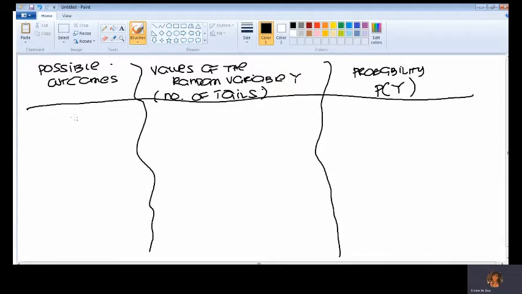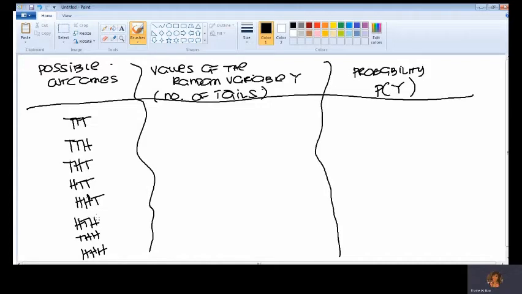We already did that at the beginning of our lesson. So what are they? H T T, H H T, H T H, T H H, and H H H.